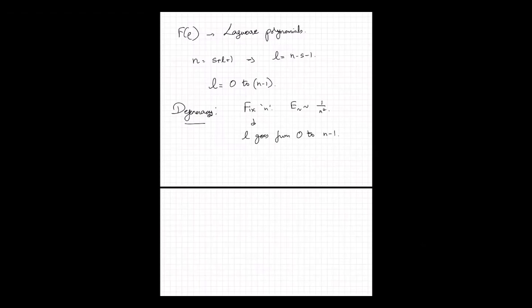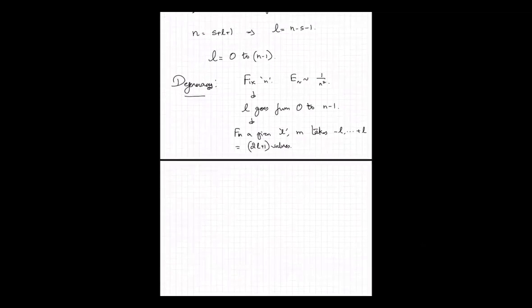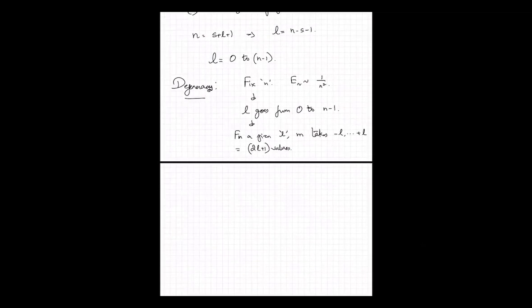But we already argued that for a given L, m takes values from minus L to plus L, which is equal to 2L plus 1 values. So suppose you fix n, then how many states are there that have the exact same energy?